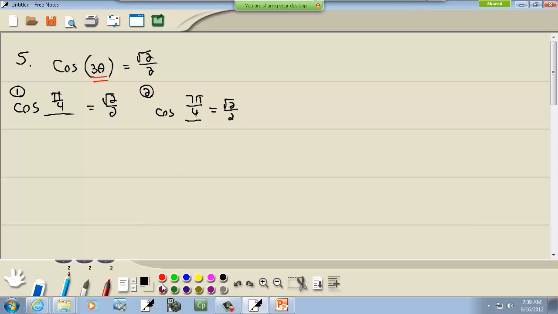Okay, let's start with those. Again, we're setting the 3 theta equal to each one of these. So here we got 3 theta is equal to pi over 4. I multiply both sides by 1/3. Those 3's cancel, and we got theta is equal to pi over 12.